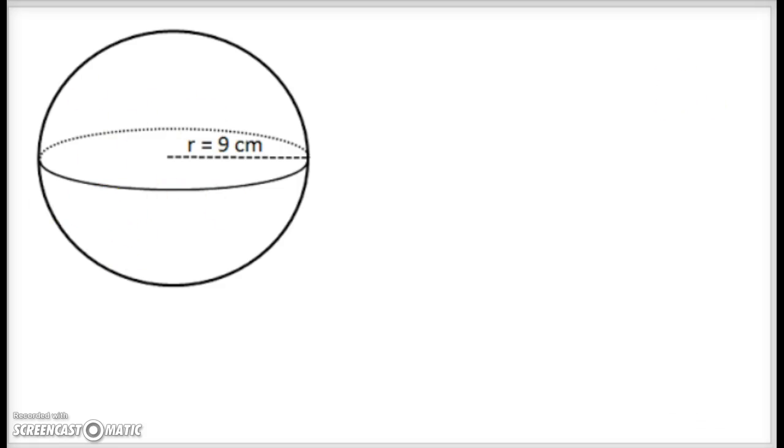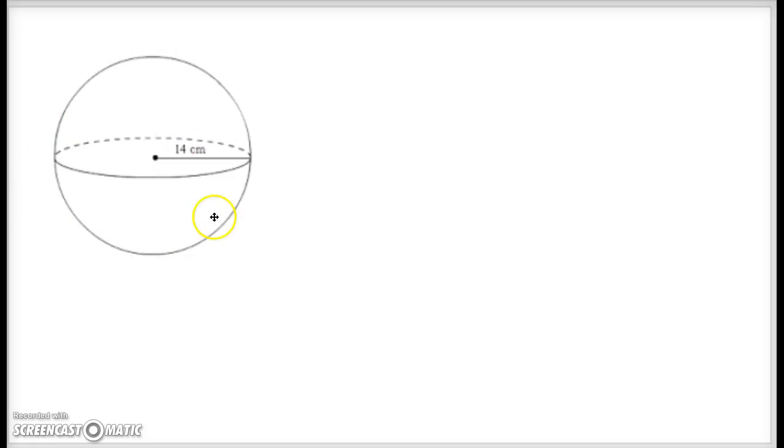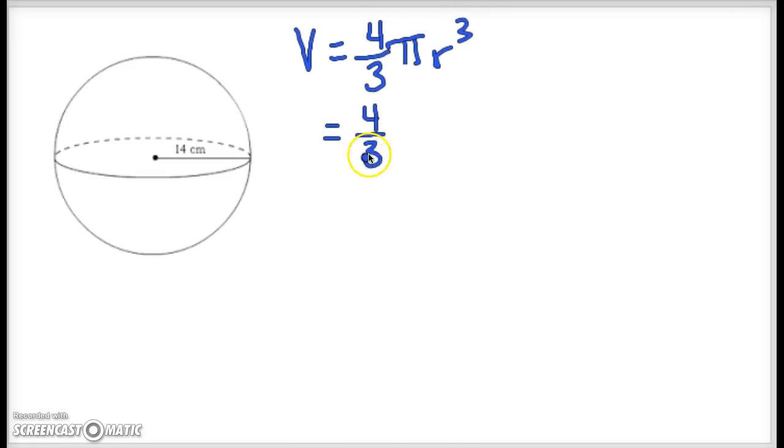Okay, we're going to look at the next example. Okay, here we have another sphere. This time the radius is 14. So again, first thing I'm going to do is write my equation. 4/3 times pi times the radius cubed. So we have 4/3 times pi, which is 3.14, times the radius, which is 14, cubed.